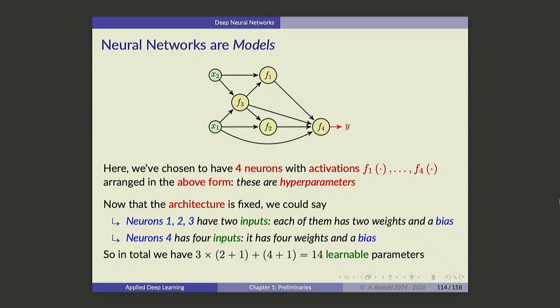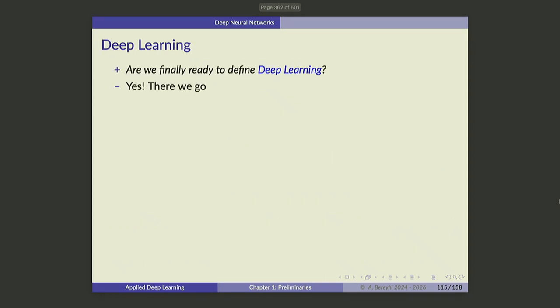Questions? No question? Okay. So if you got no question, let me just go for the last slide, I guess. And that is, I want to get back to the definition of deep learning. This is the definition we started this chapter with. So we wanted to understand what is deep learning. And I told you deep learning is a subset of machine learning where you are going to accomplish a learning task by using a deep neural network, right?